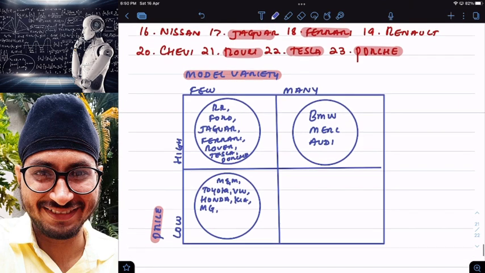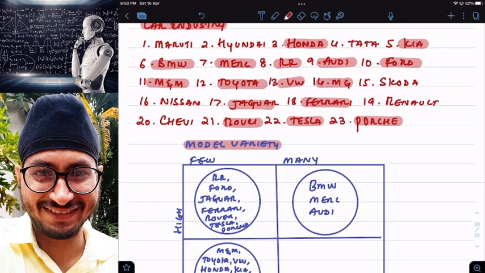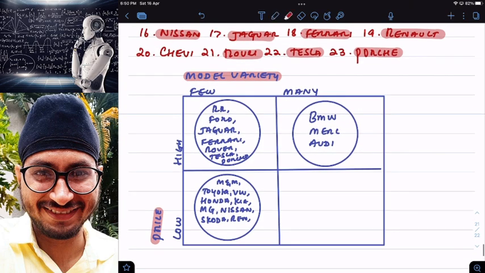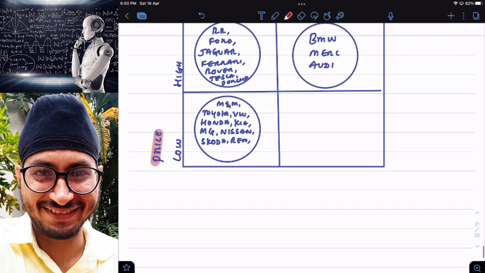Then what else can come? Nissan, Skoda, Renault. What else will come? Chevrolet. Clear?